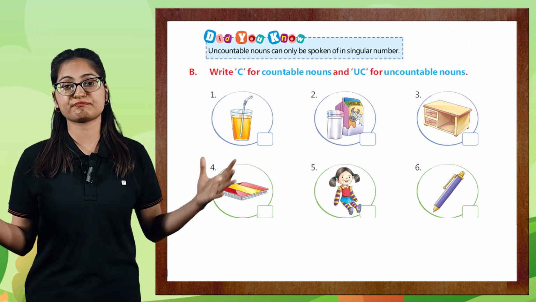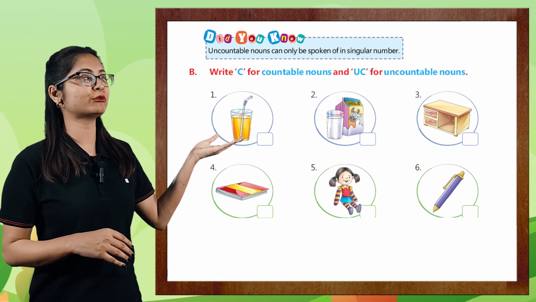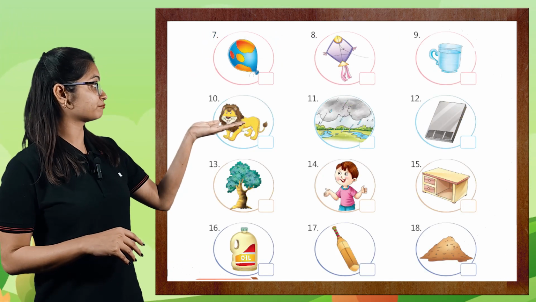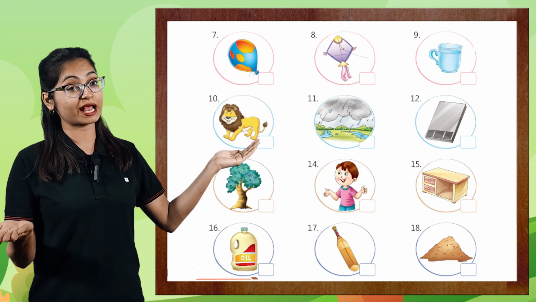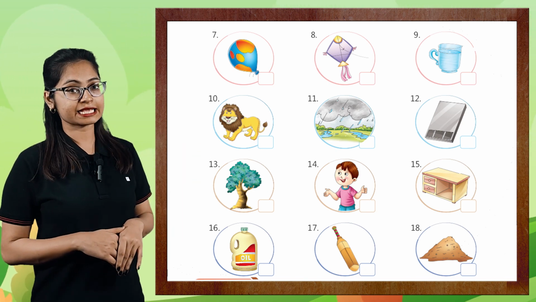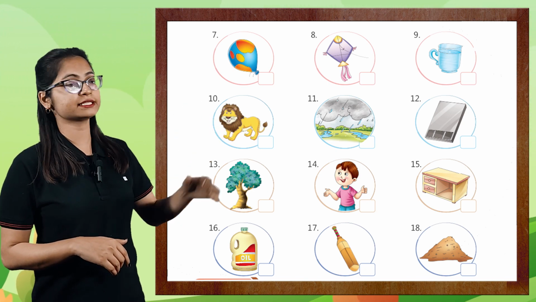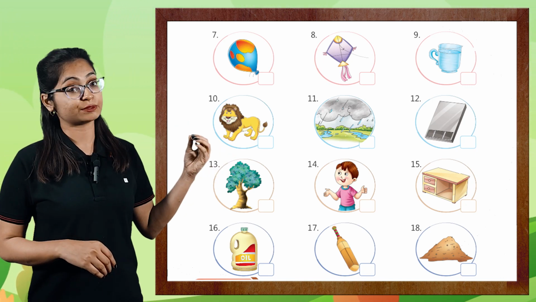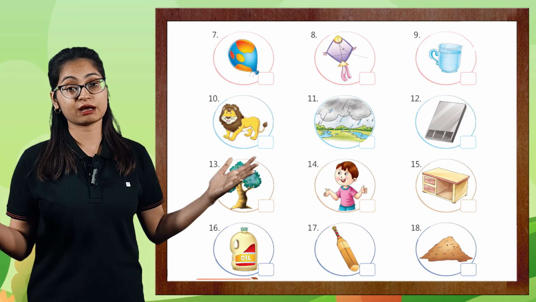Next, we have a picture of a pen and we can clearly count pens. So, we will write C here. Next, we have given a picture of a balloon and you well know what would be right. Yes, that's C. Next, we have given a picture of a kite. That's very fair to say that we will write C because it is countable.